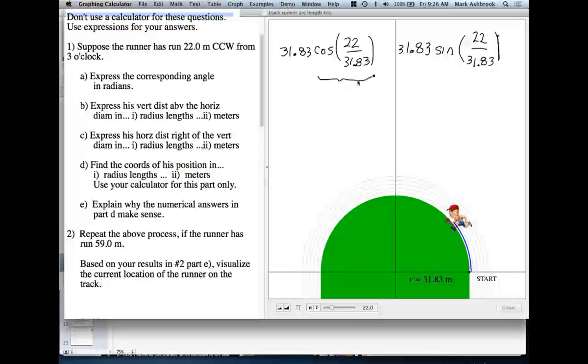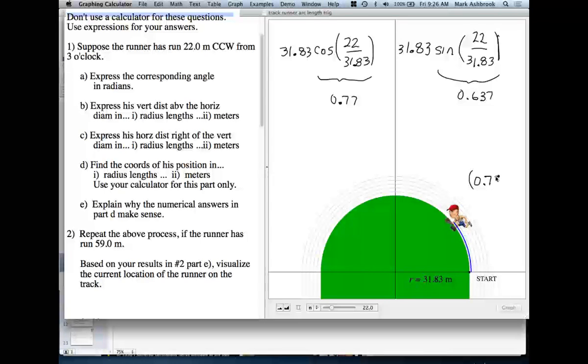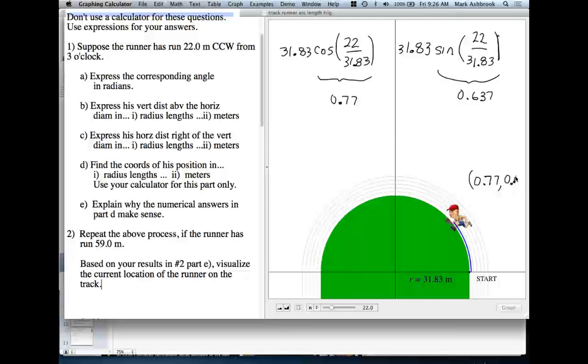So this much of it would be our x coordinate in radius lengths. And what'd you get for the y coordinate? 0.63. Okay, so one way to represent his coordinates is 0.77 and 0.64.